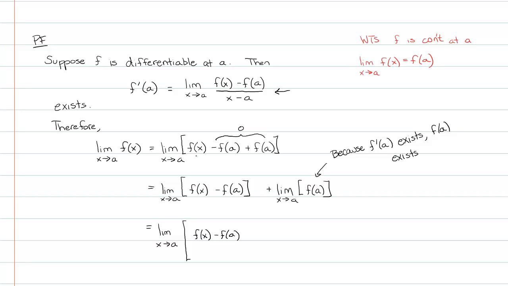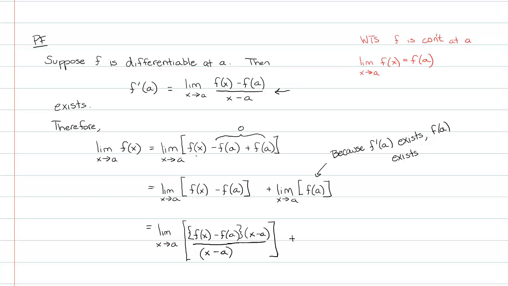So what I'm going to do is put this over x minus a. And then I'm going to put in the numerator an x minus a up there as well. So if you look at this, I've actually done nothing but multiplied the interior of that limit by 1. So nothing has actually happened.